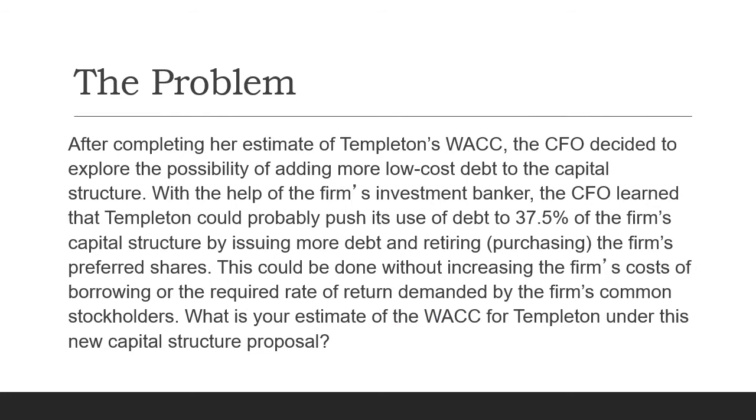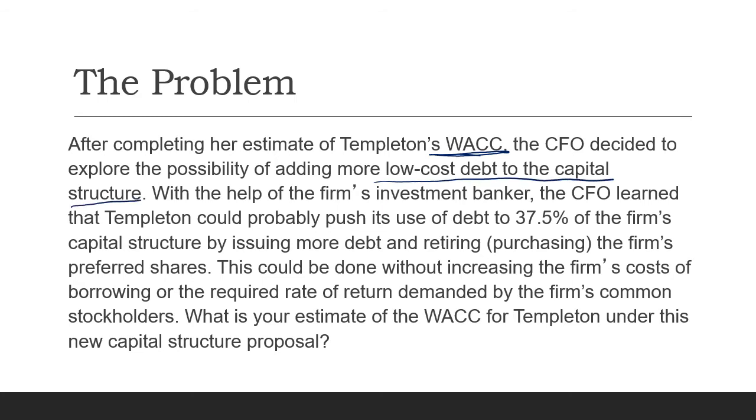So now we have an example of how to calculate the WACC. Okay, look at the problem. The problem states that after completing her estimates of Templeton's WACC, the CFO decided to explore the possibility of adding more low-cost debt to the capital structure.